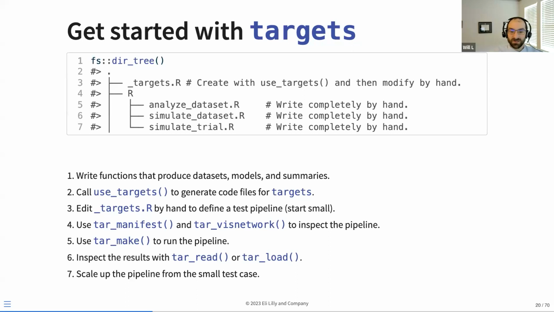There are tools in targets to inspect the structure of the pipeline. There are functions tar_manifest and tar_network, tar_visnetwork, and other sorts of functions to help you do that. The function tar_make runs the pipeline, and that's the one that actually executes the analysis that you planned. And then there are functions like tar_read and tar_load to load results.